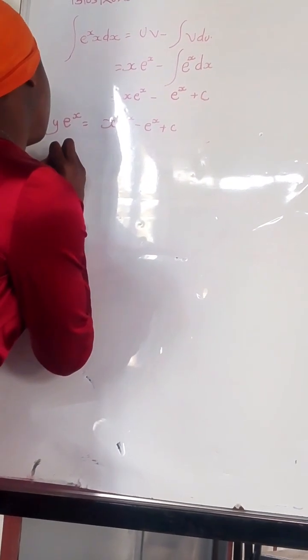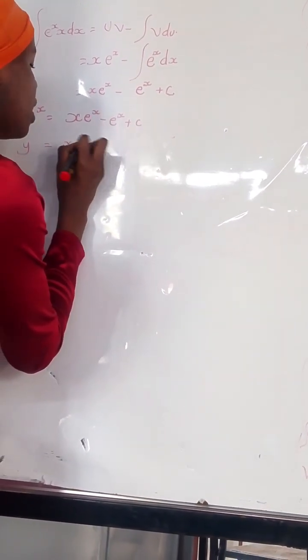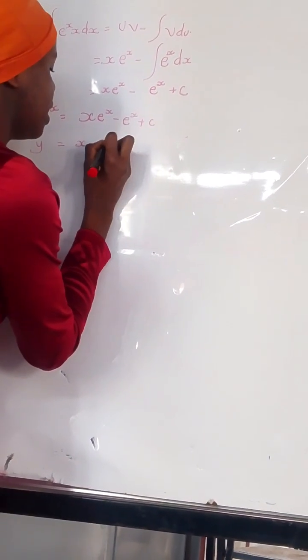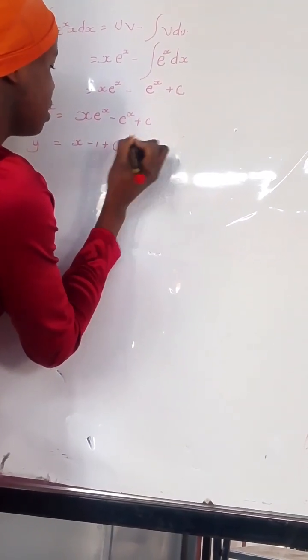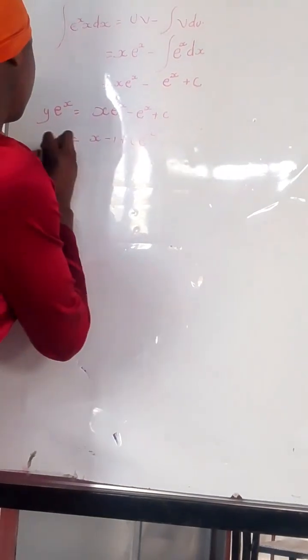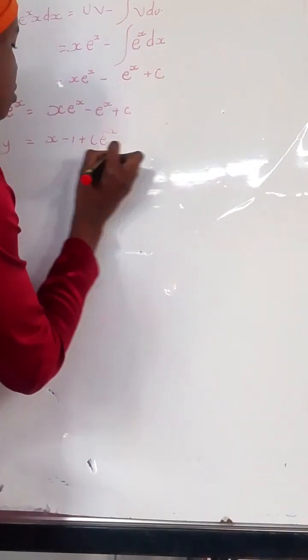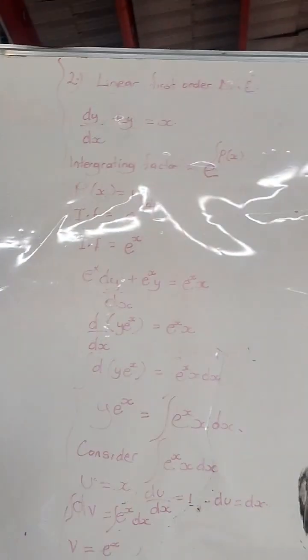We shall remain with y equal to x minus 1 plus c e power negative x. So this is how we solve linear first order differential equations.